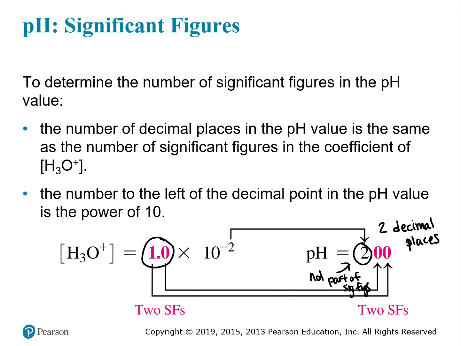What we care about is how many decimal places after. So you may have to practice a little bit because we're so used to matching up the number of sig figs, let's say, when we're doing multiplication, but that's not how we do it for pH.